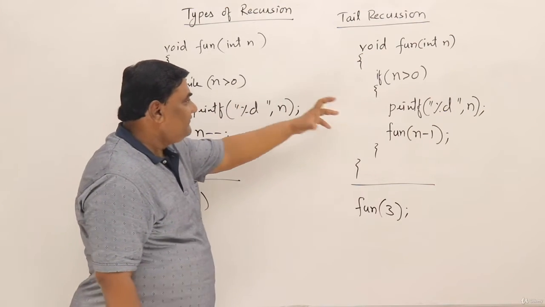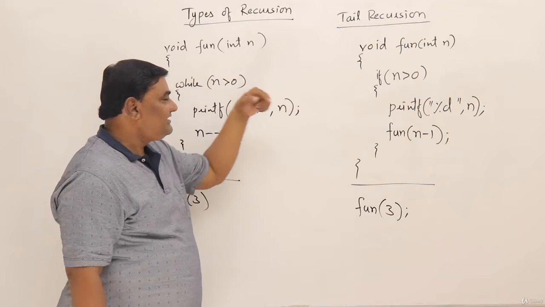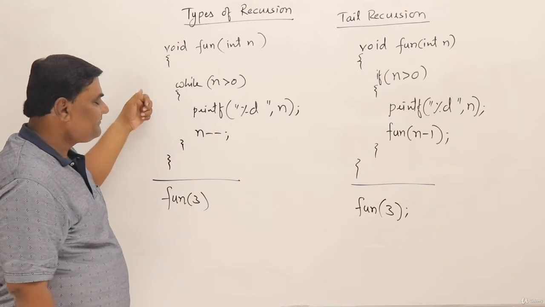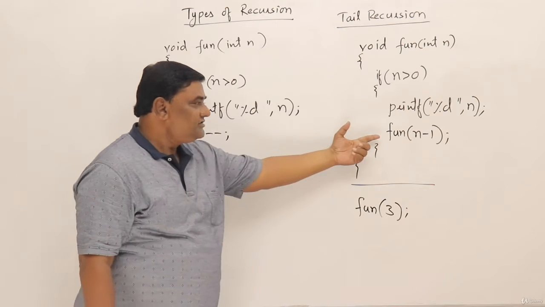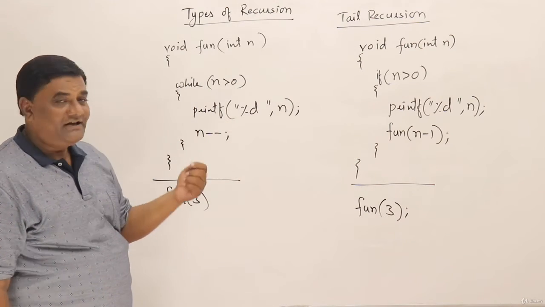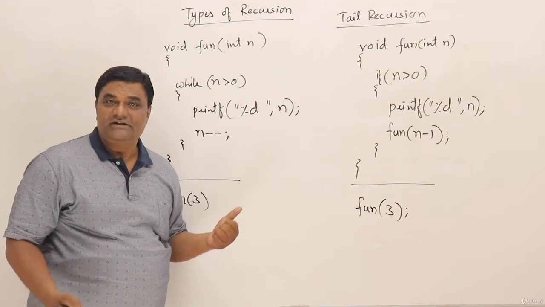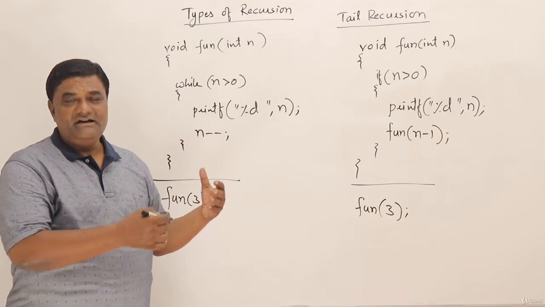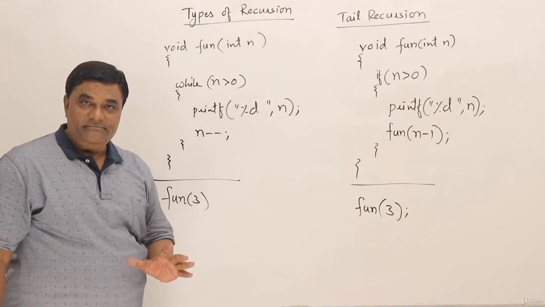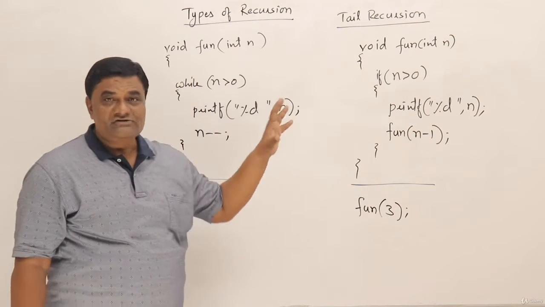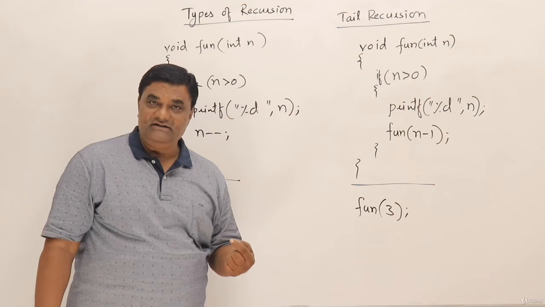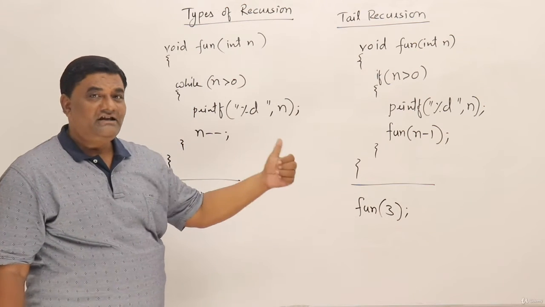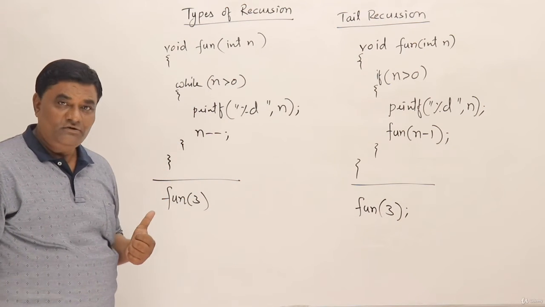I have converted it: instead of the conditional statement, I made it a loop, and instead of the function call with decreased value of n, I have just written n minus minus. So the function is the same as that one. The output is the same, and the structure also looks more similar. The point that I have to tell here is that tail recursions can be easily converted into the form of a loop.